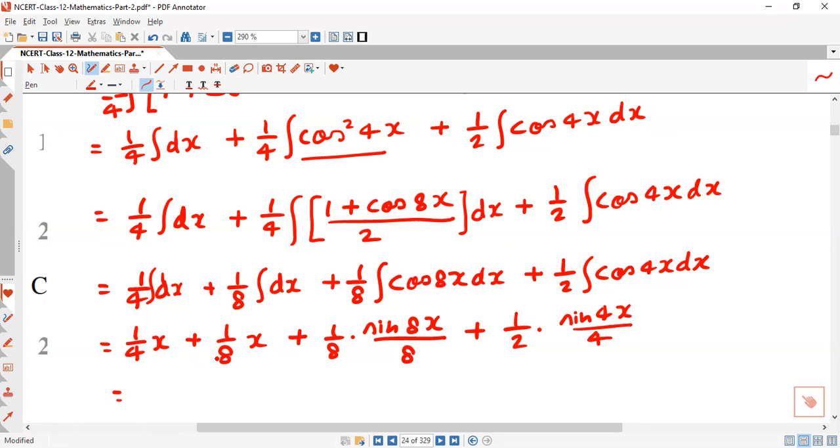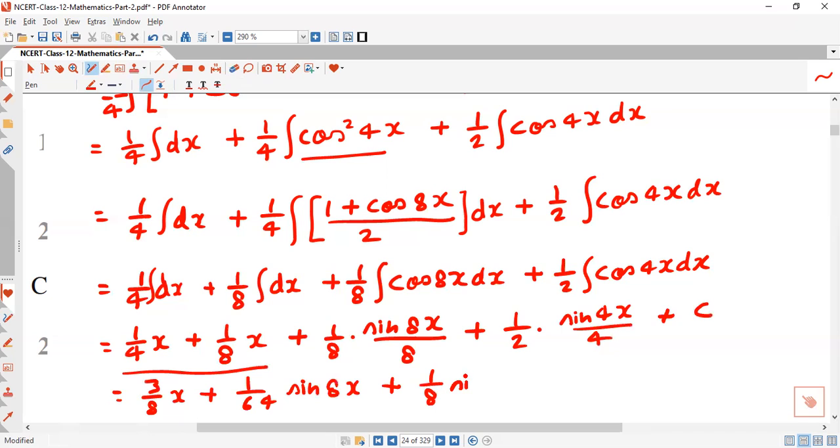So 1 by 4 plus 1 by 8, these two terms will be combined. It will give you 3 by 8 x plus 8 into 8, 64, sine 8x plus 1 by 8 sine 4x plus some constant c. This is the answer of this question.